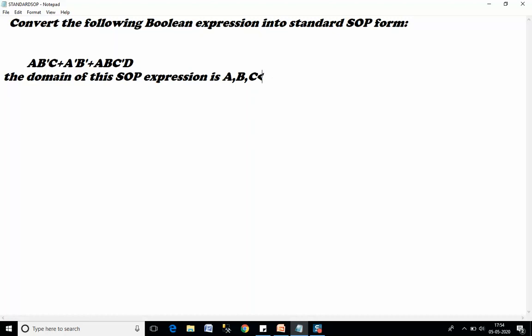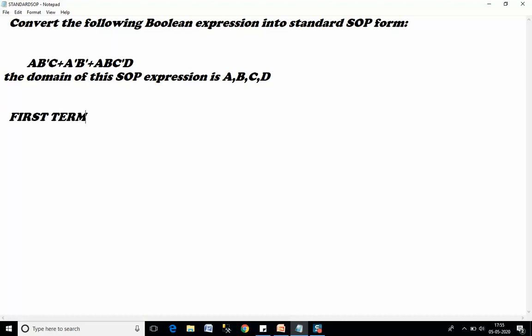That means I have to somehow include the D in the first term, and in the next term I have to include the variable C and D. So I am going to take the first term.